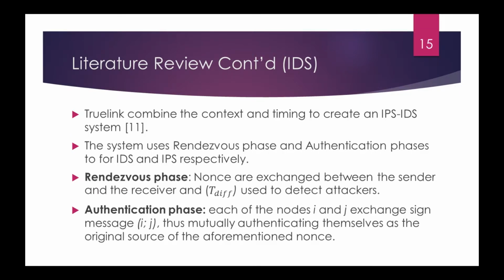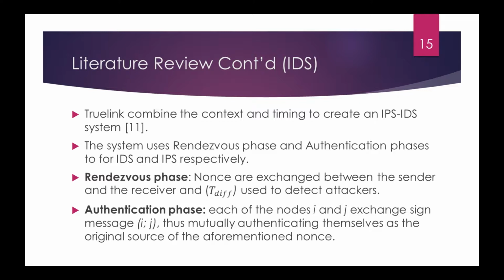Well, we found a true system that combines an intrusion prevention system and an intrusion detection system, called TrueLink. It uses two phases: a roundabout phase for intrusion detection, and an authentication phase for intrusion prevention. In the roundabout phase, the sender and the receiver exchange nonces.